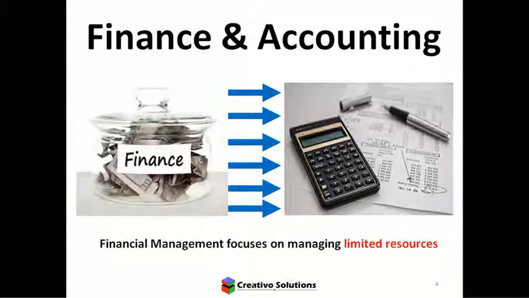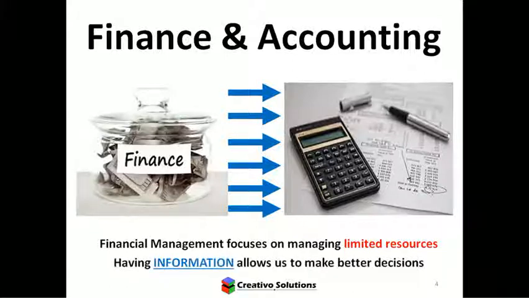So the accounting department is responsible for providing that information. It's important because without information we cannot make decisions. Having this information allows us to make much better decisions, and that's always the focus. We're trying to make the best possible decisions with the information we have to try to generate the most return.